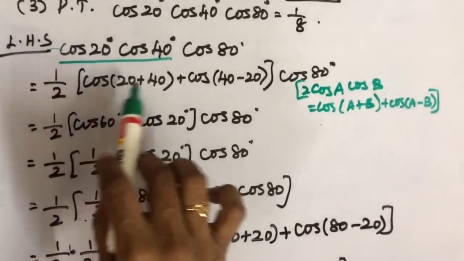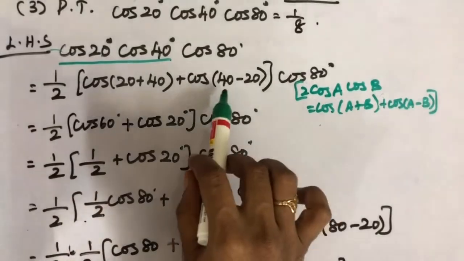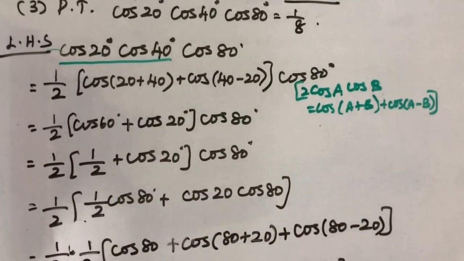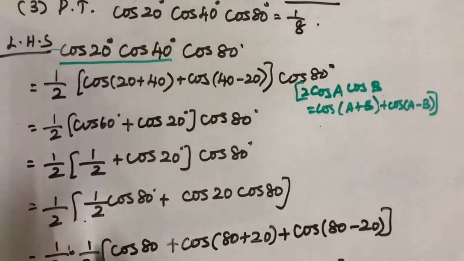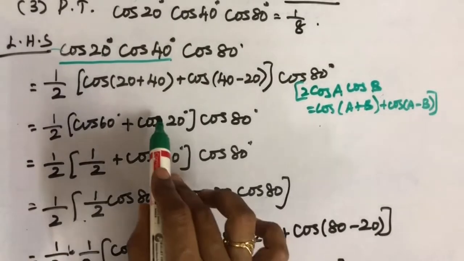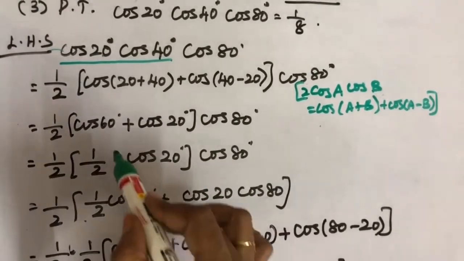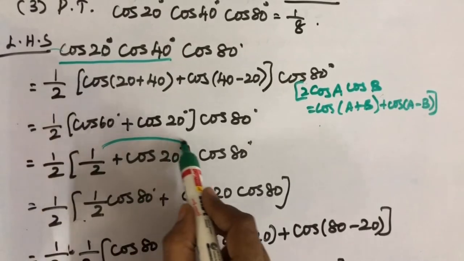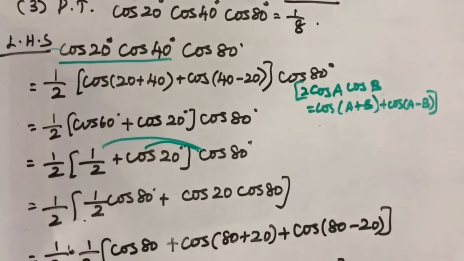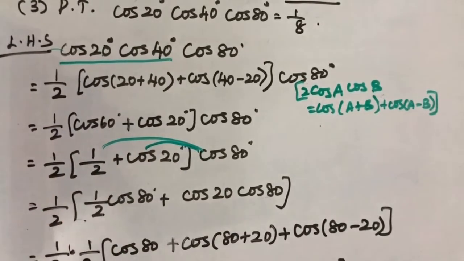So cos (20 plus 40) is cos 60, and 40 minus 20 is cos 20, into cos 80. Cos 60 is 1 by 2. Now we can multiply cos 80 inside with these two terms: 1 by 2 cos 80 plus cos 20 cos 80.